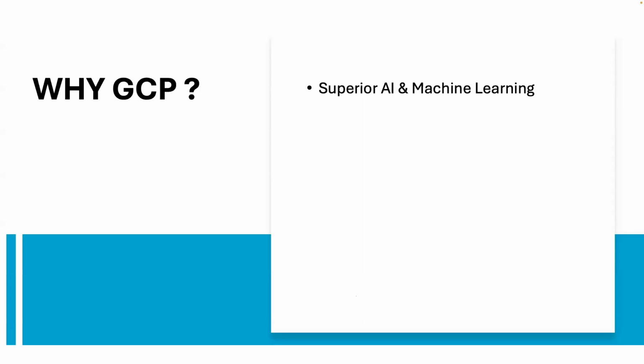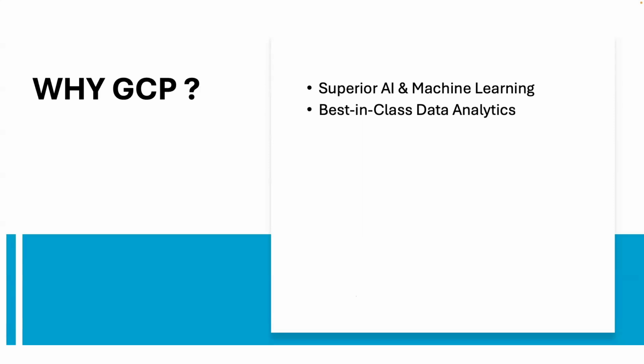Then later Azure came in the period of 2010-11, around that. And Google came much later. A full-fledged Google Cloud came after 2016. So it is a new player in the market, and it has a lot of special areas.